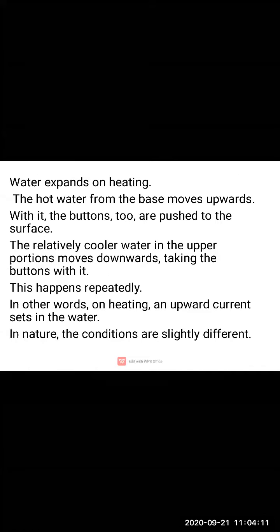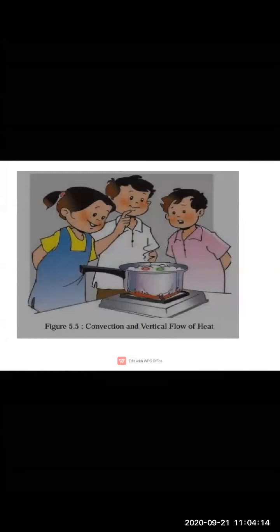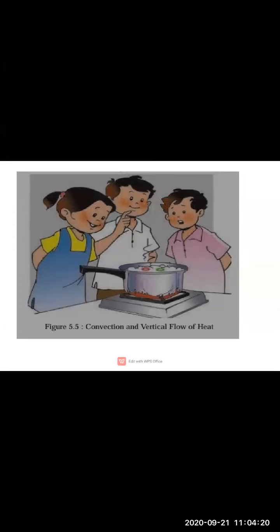From this example we saw that upward currents were generated in the water, and the buttons were also moving upward and downward. In the case of the ocean, both upward and horizontal currents are developed.